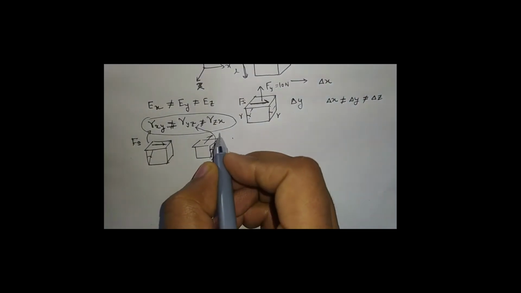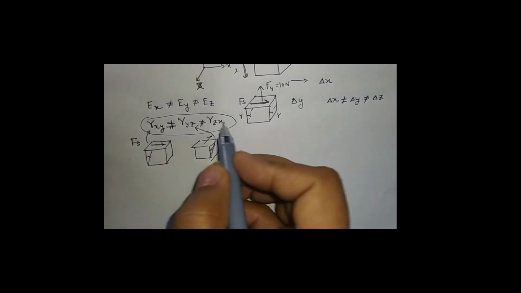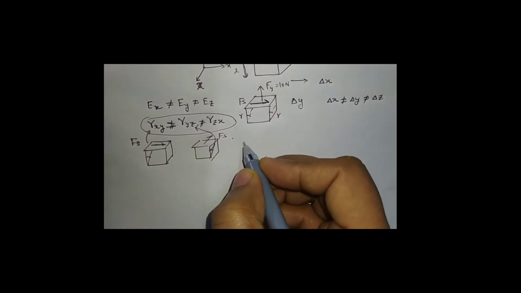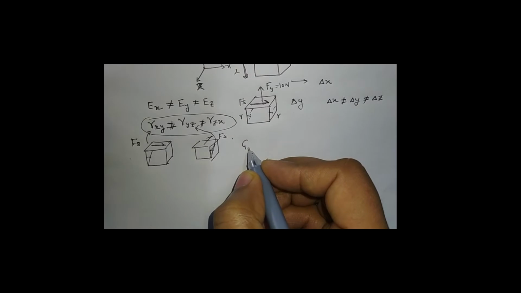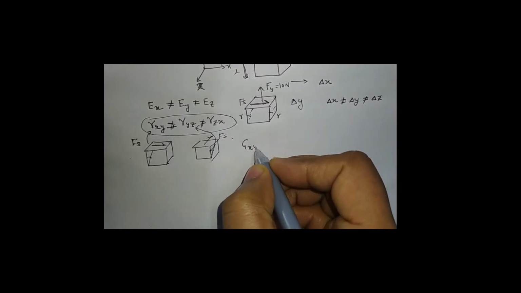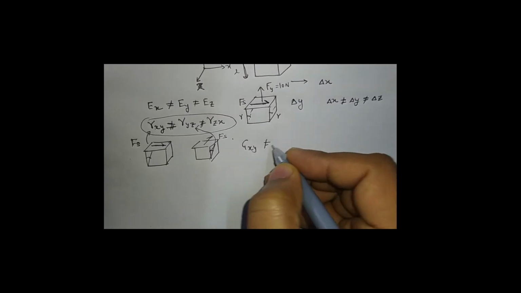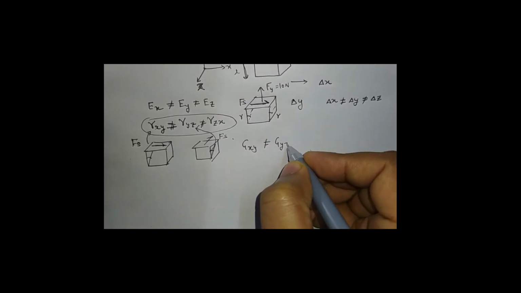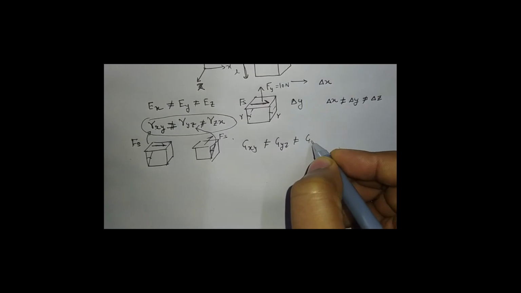By applying the same amount of force Fs, here also Fs, we will get a different angular deformation. It means that the shear modulus in the xy direction, yz direction and zx direction will not be equal.